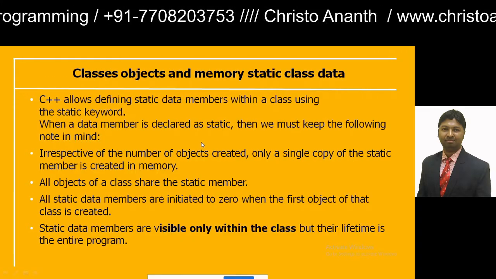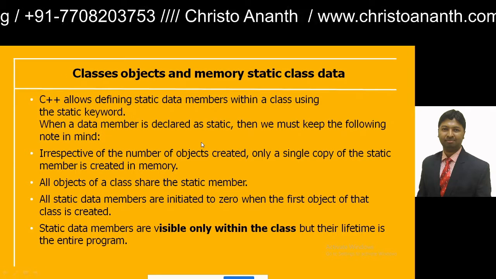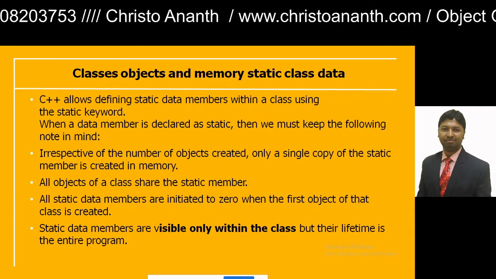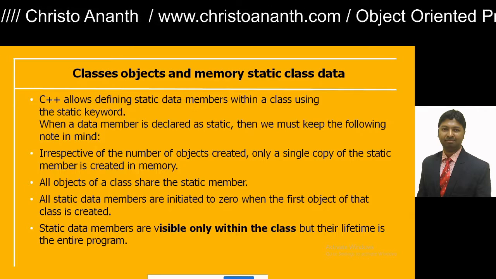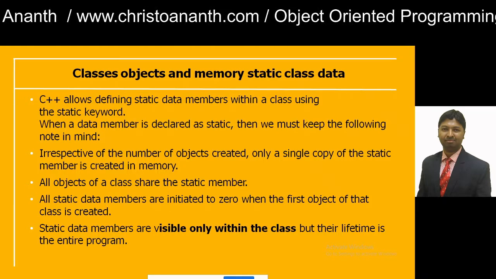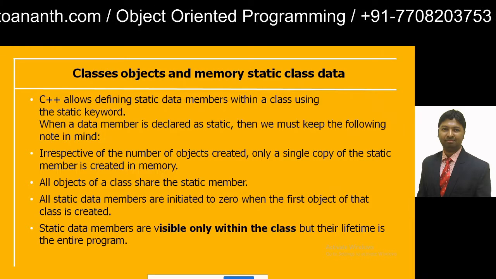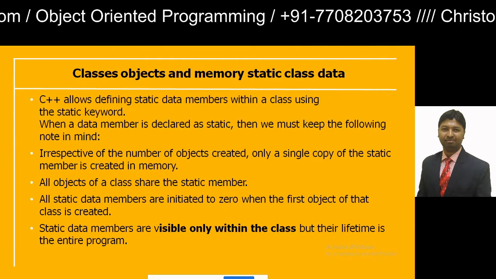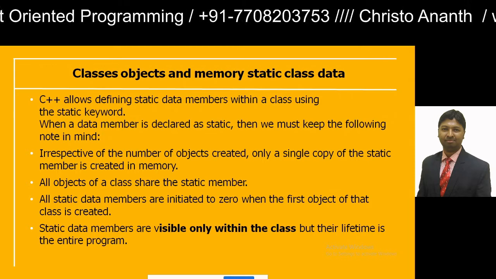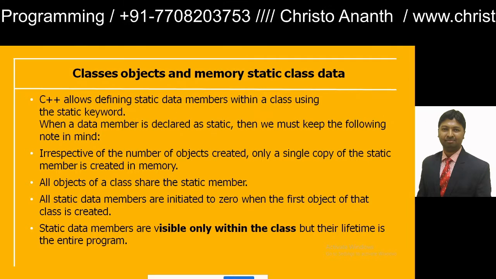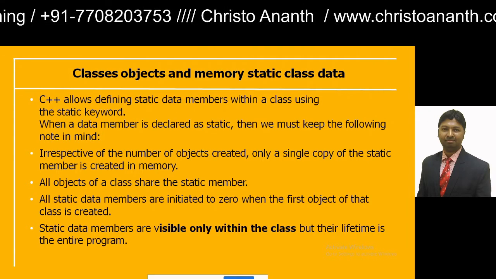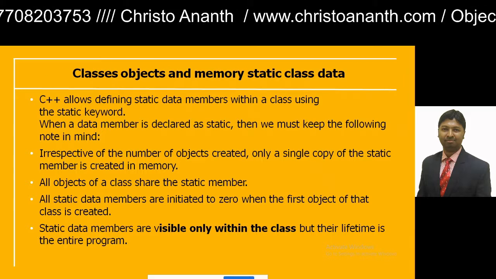And then you have classes, objects, and memory: static class data. Here you define static data members within the class using the static keyword. When you declare a data member as static, irrespective of the number of objects created, only a single copy of the static member exists in main memory.